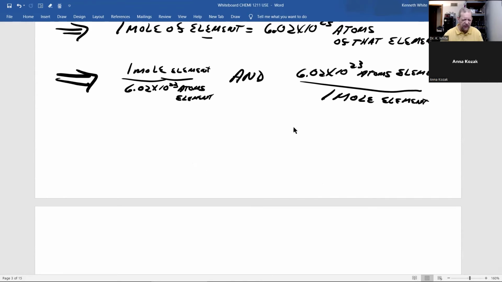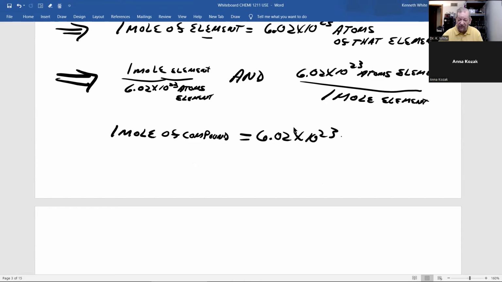Now the same is true for 1 mole of a compound. That's equal to Avogadro's number, 6.02 times 10 to the 23rd.